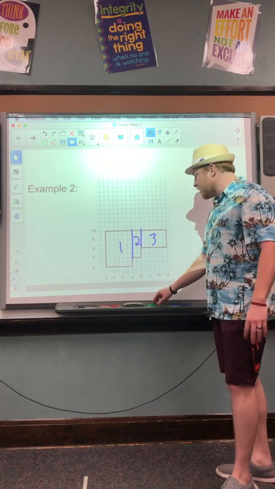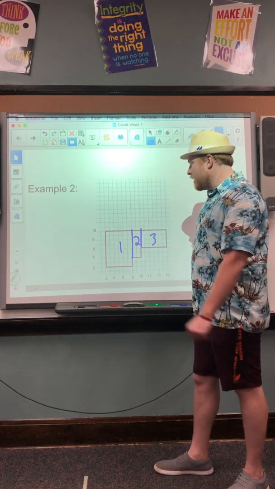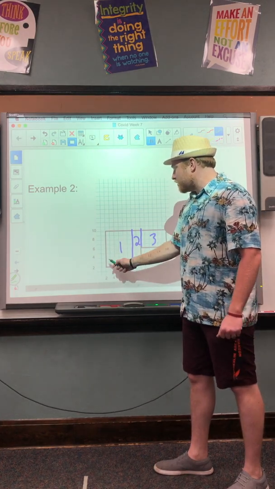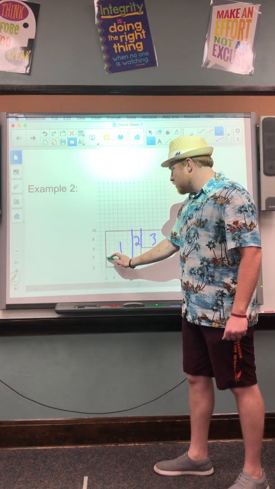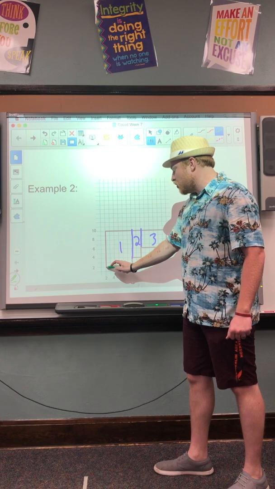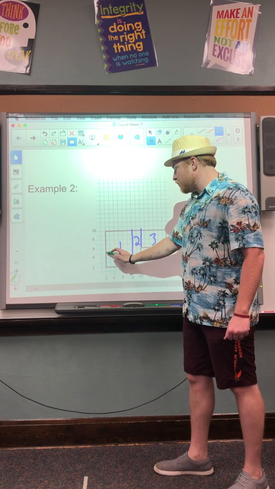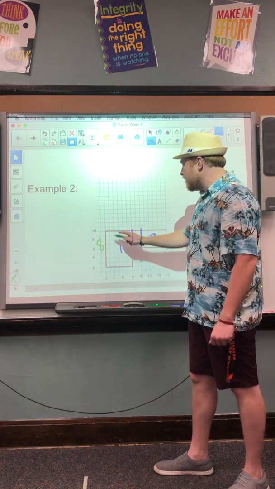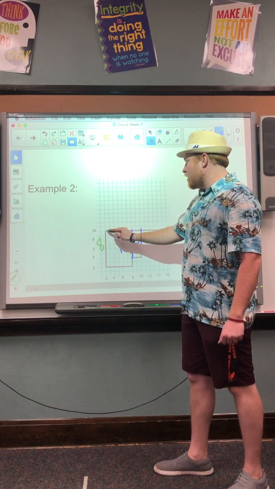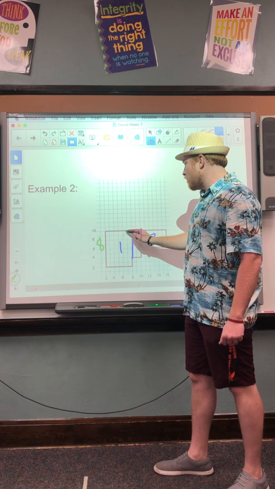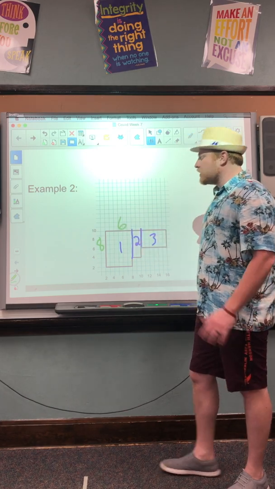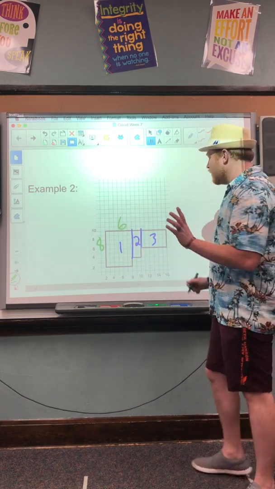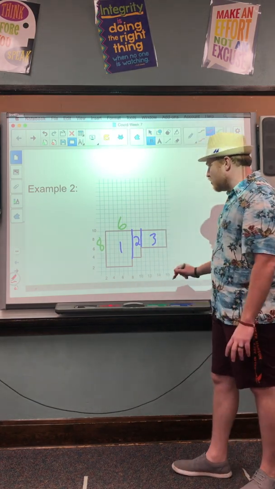So let's look at box number 1 first, or rectangle number 1. Let's find the length first. Okay, so it starts at 2, so it'd be 1, 2, 3, 4, 5, 6, 7, 8 on the side, and then the width would be 1, 2, 3, 4, 5, 6. Okay, so we have the dimensions for number 1. Let's find the dimensions for number 2.